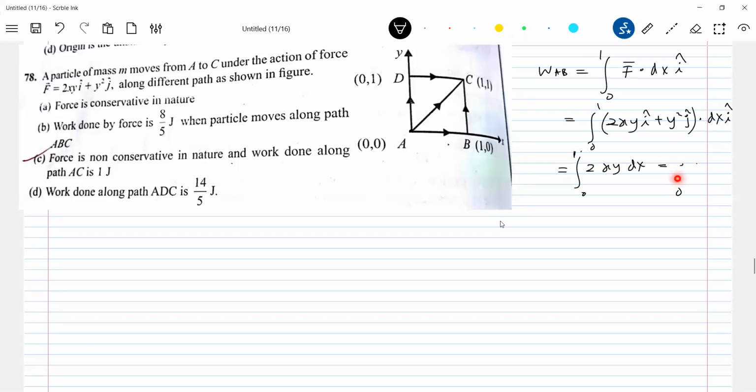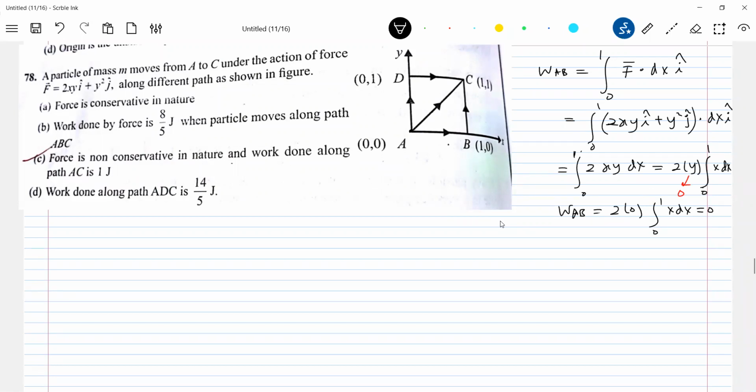I'll write one more step, it'll be easy for you. What is the value of y? You should write 0, no? So therefore, the next step, what you get? Work done. So this will end up with 0.